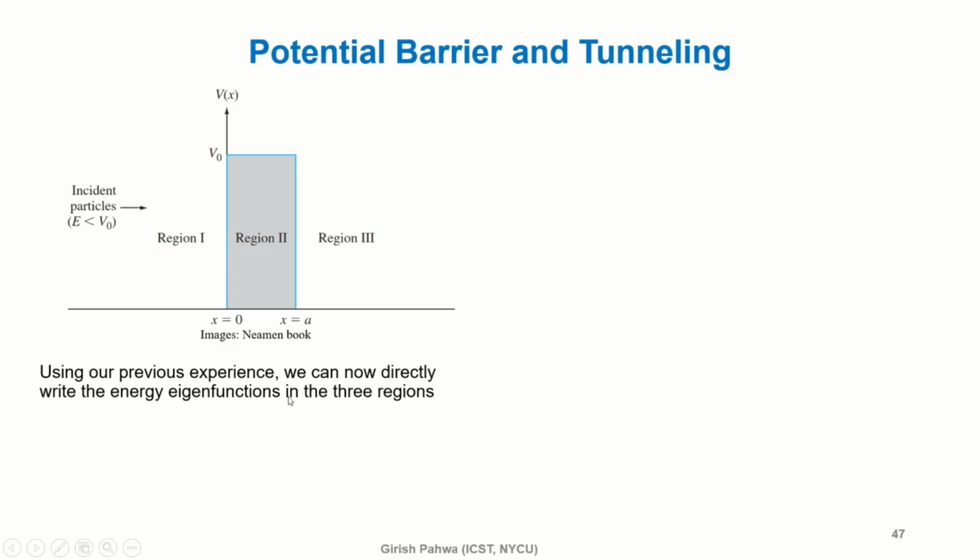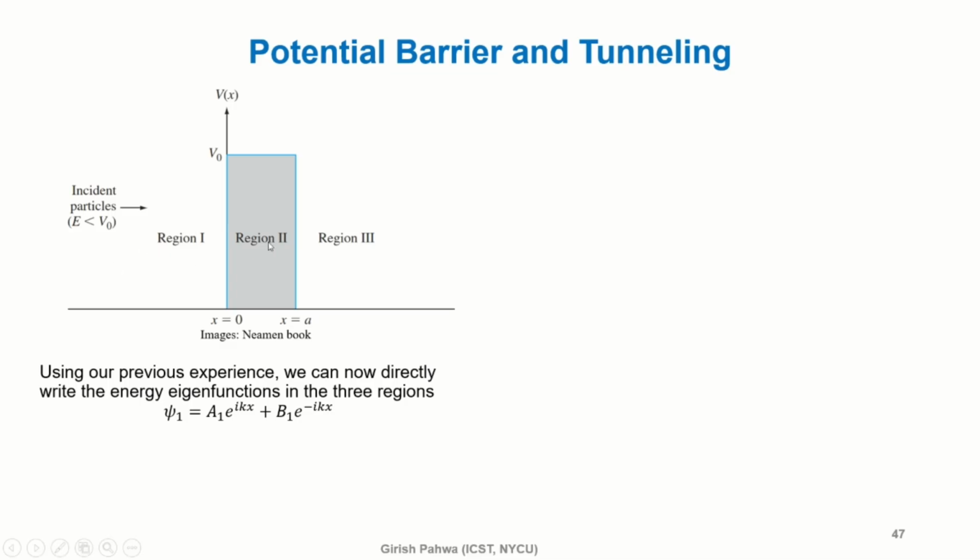Something like this. So psi 1 in region 1 will be some a1 e to the power iota kx plus b1 into e to the power minus iota kx. Without solving the Schrödinger equation, we can say this. Some kind of oscillations.